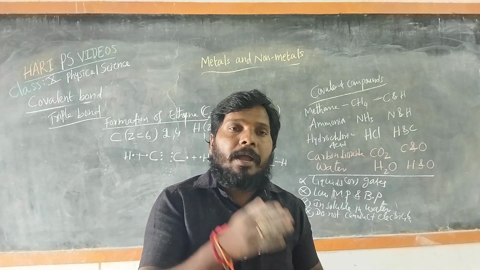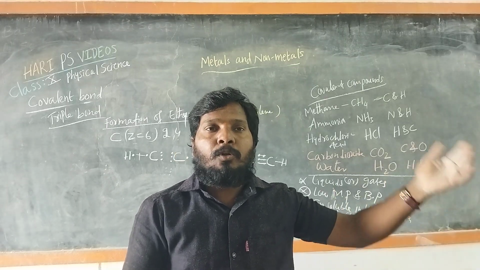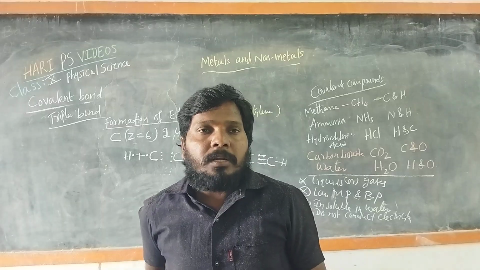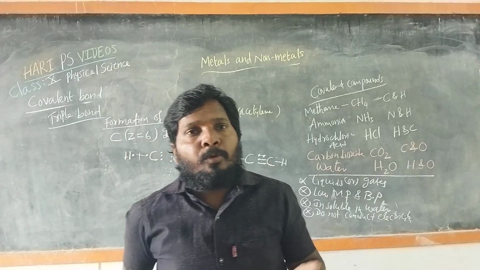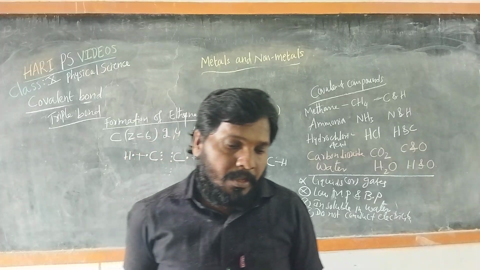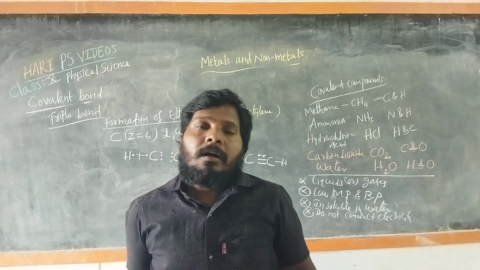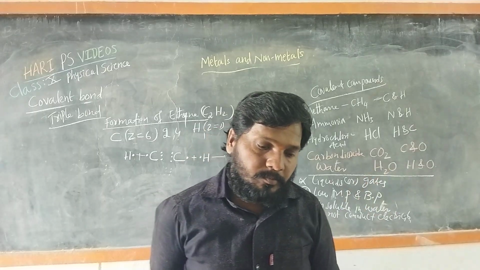Ionic compounds have high melting and boiling points. Covalent compounds have low melting and boiling points. Ionic compounds are good conductors of electricity. Covalent compounds are poor conductors. Ionic compounds are soluble in water. Covalent compounds are insoluble in water.